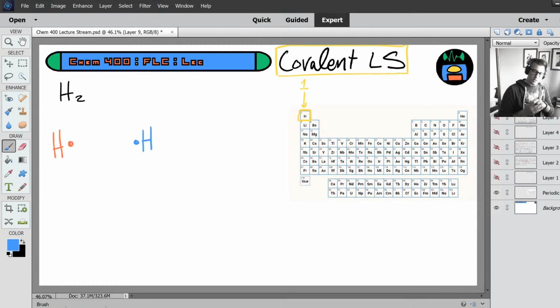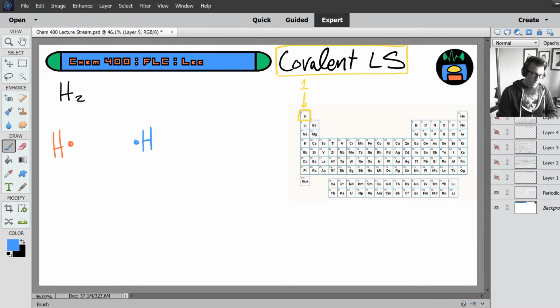Now, with ionic compounds, we knew that the more electronegative element is going to steal an electron, right? The problem here is that hydrogen has the same electronegativity as another hydrogen, right? Neither is strong enough to take an electron forcibly from the other. So to achieve the octet rule, to have the same number of electrons as helium, there has to be a fundamentally different way of achieving that condition.